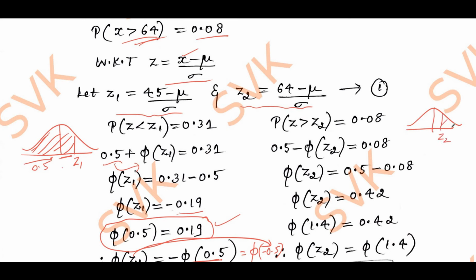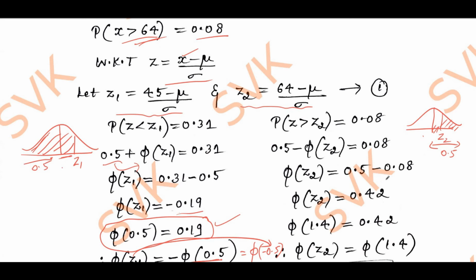The area is 0.5 minus this region, so subtract this region, that is phi of z2. Therefore 0.5 minus phi of z2 is equal to 0.08. Simplifying this, phi of z2 is equal to 0.5 minus 0.08. We are going to get 0.42 as the answer.